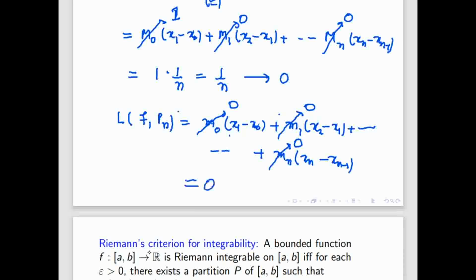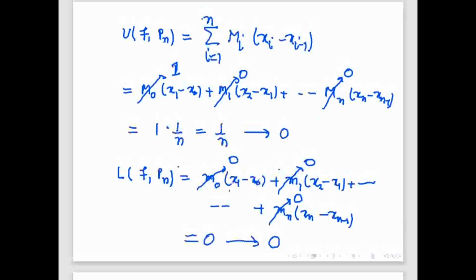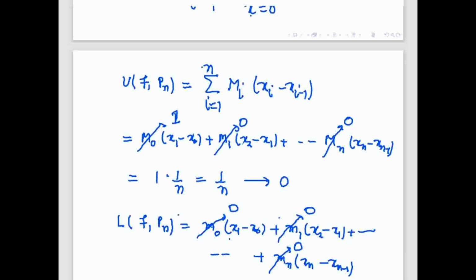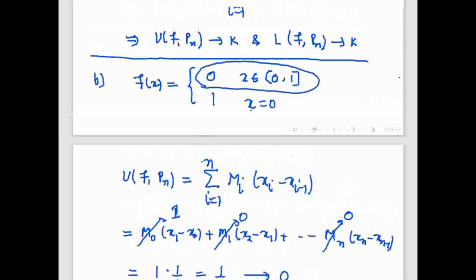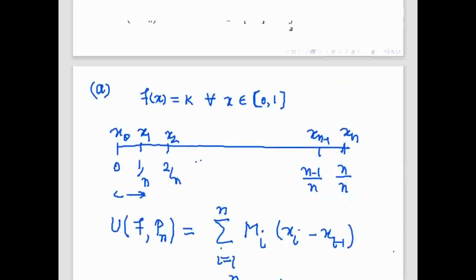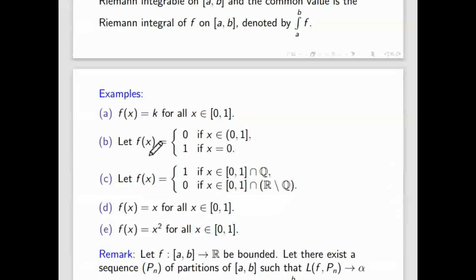So this value will be 0, and as n tends to infinity it converges to 0. So this function is integrable, and its integral is 0. So the value of the integral of this function from 0 to 1 is 0.